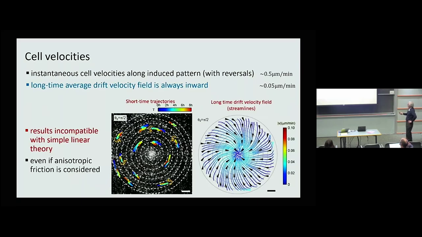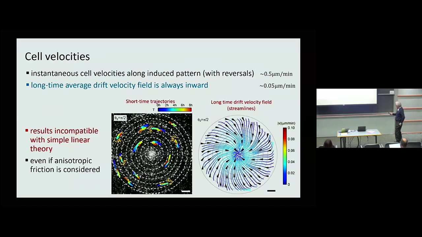In the case of the target pattern, the cells are moving along the azimuthal direction, but there is a consistent inward flow toward the core. This is incompatible with simple linear theory, because we know from the motion and behavior around the plus-one defect that theta is positive.